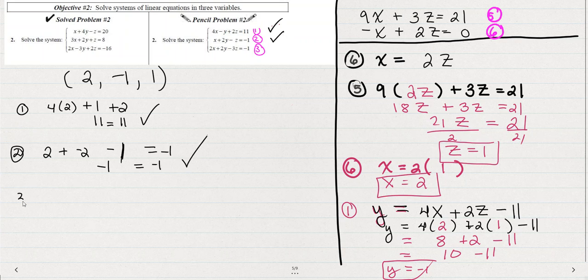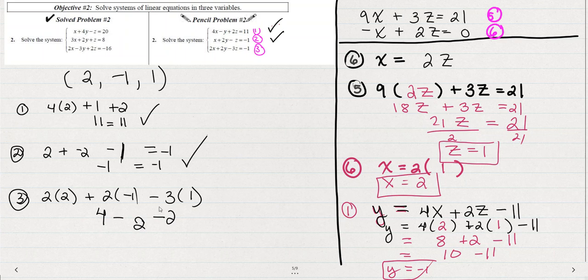And then for the third equation, equation 3, our original 3, 2 times x plus 2 times y minus 3 times z. Sorry, this pen is really going crazy here. Let me erase that and try it again.